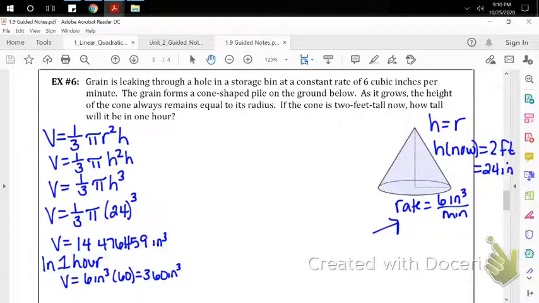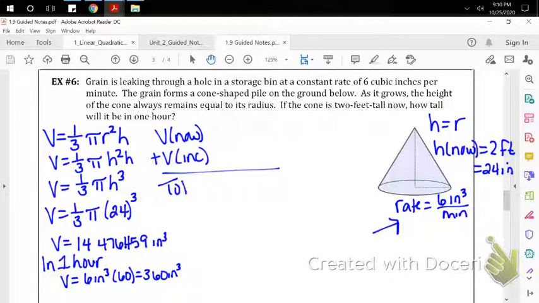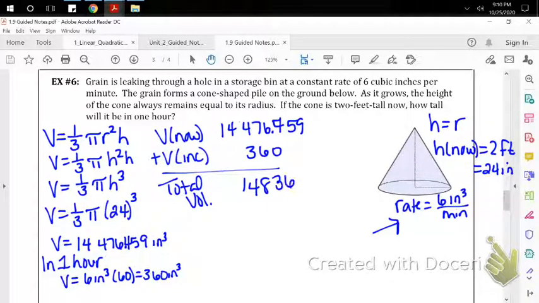All right, so we got our volume right now and our volume of increase in 1 hour, and that's going to give us our total volume. So our volume right now was 14,476.459, and our volume of increase there was 360. So when we add those together, we get 14,836.459.